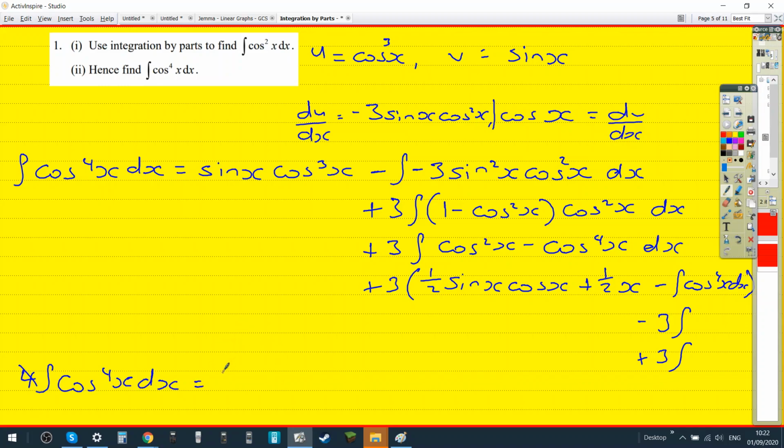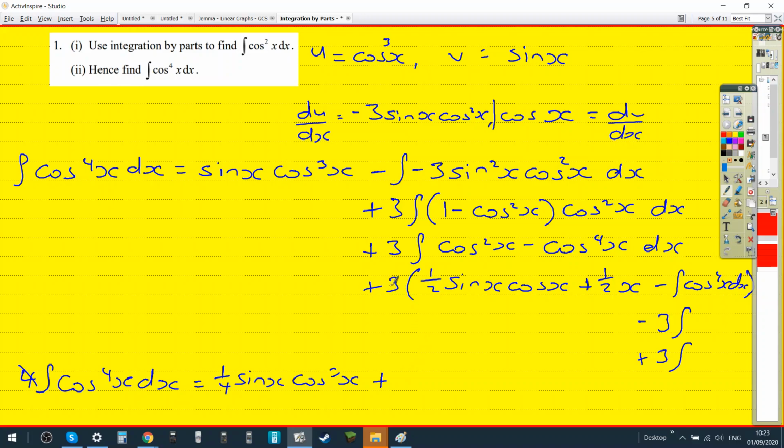So sine x cos cubed x over 4. So that's a quarter. Plus 3 over 4 times half sine x cos x plus half x.